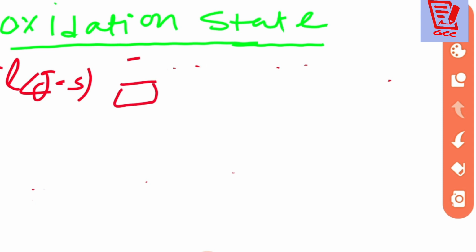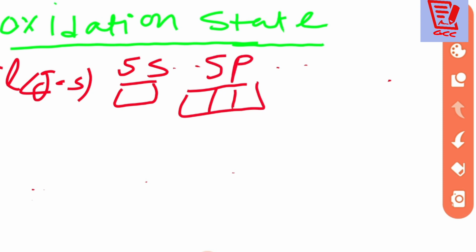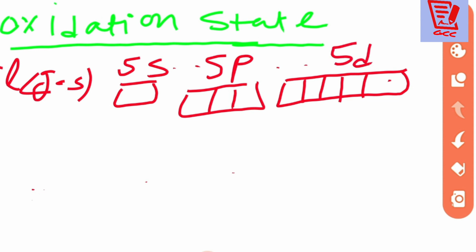This is the s orbital, this is the p orbital, and this is 1 2 3 4 5, the d orbitals.